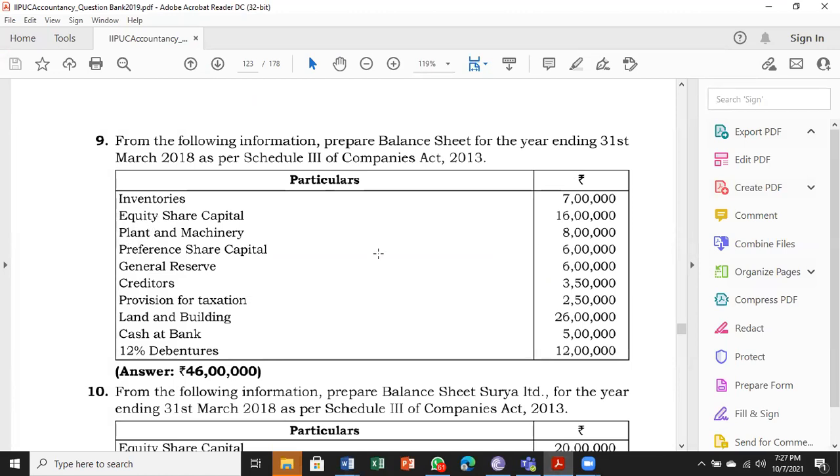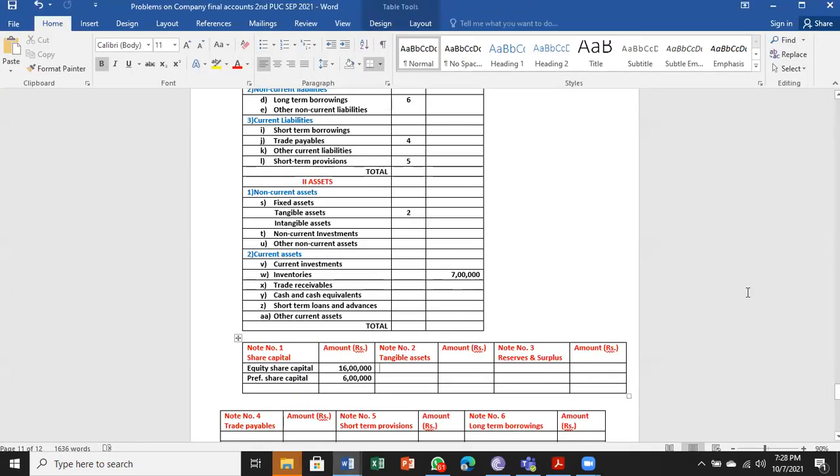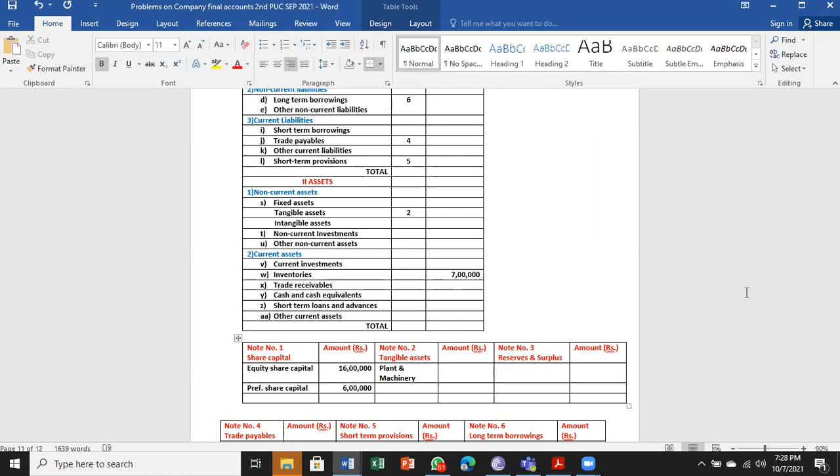Next is plant and machinery, 8 lakhs. And we have one more fixed asset here, land and building, 26 lakhs. You can see down from the last, land and building. So 2 items are there. So I'll go for preparing tangible assets under fixed assets, tangible. Plant and machinery, 8 lakhs.